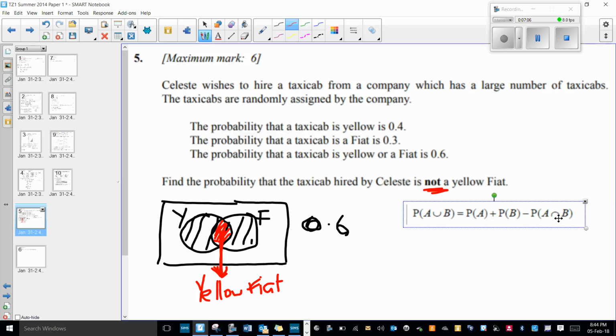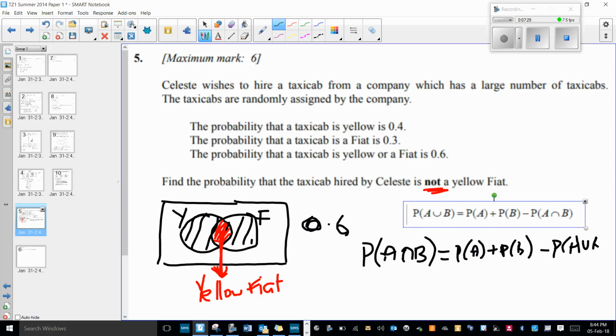So we could rearrange that to say that the intersection, so A intersect B, is equal to P(A) plus P(B) subtract P(A union B).